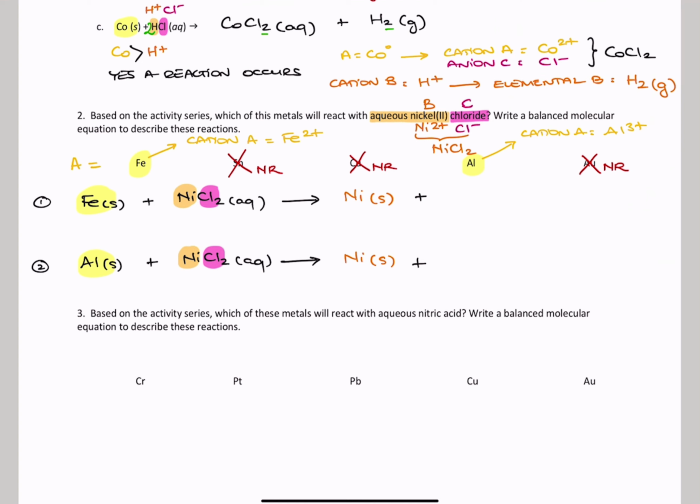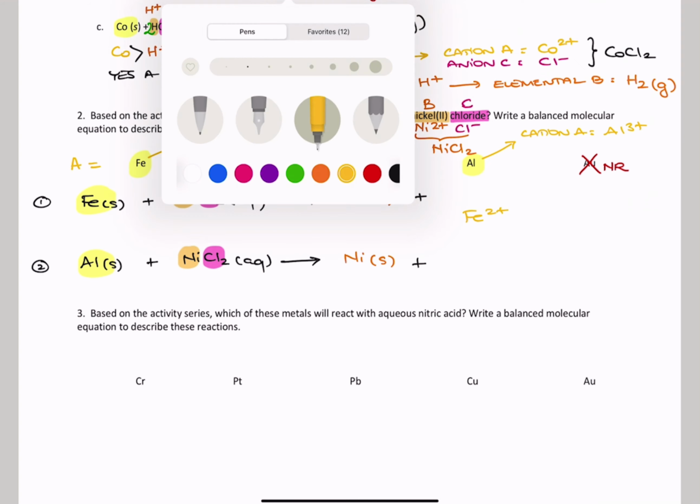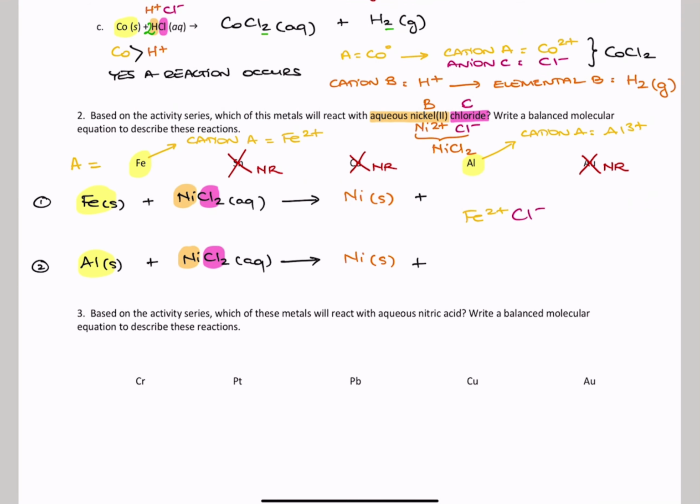Therefore, for equation 1, we will combine Fe2+ with Cl-, and the compound AC will be in a 1:2 ratio. So we will form FeCl2 aqueous.